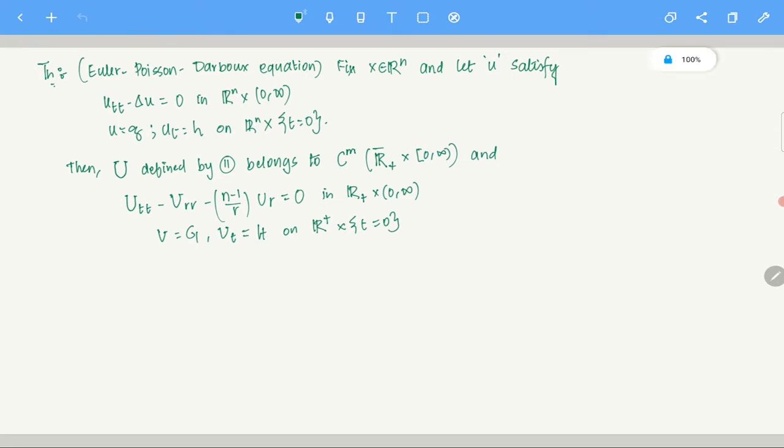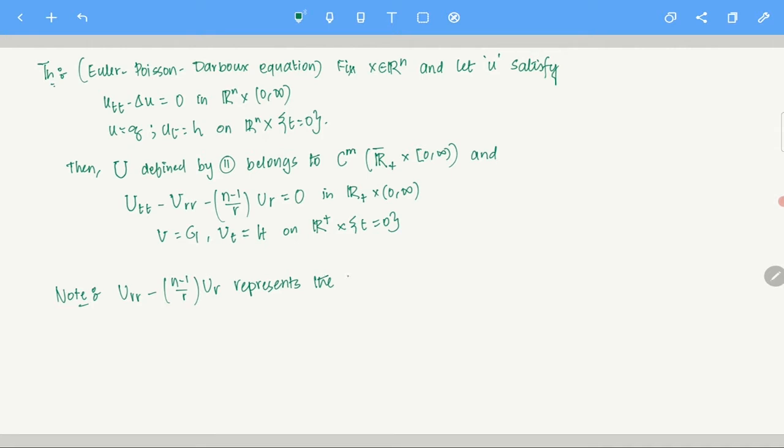So note, U_rr minus (n minus 1) by r U_r represents, what does it represent?